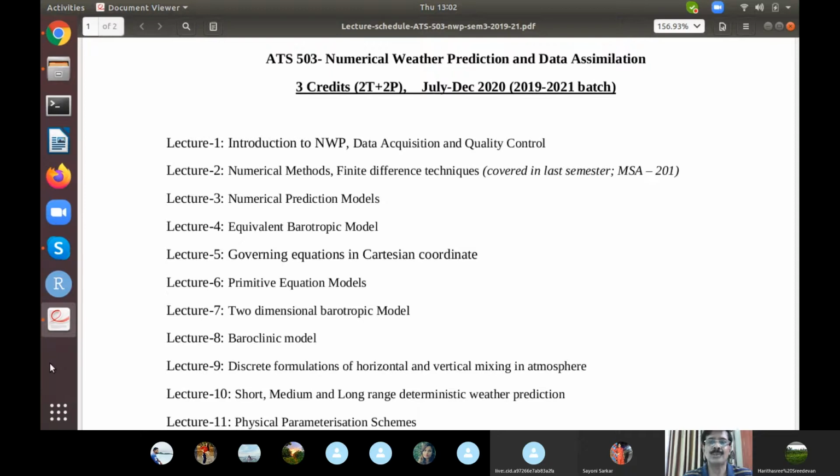Through teleprinter the observations used to come, and then they were plotted by the so-called data plotters or Met assistants, who used to be the junior most staff in the IMD. So they used to plot manually the observations at all locations.